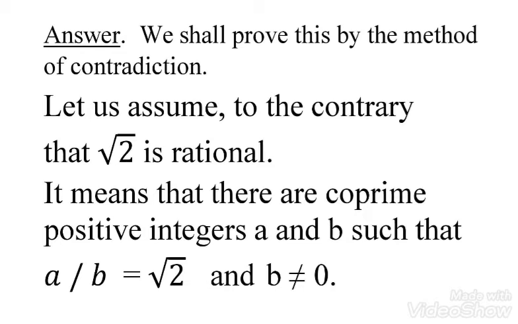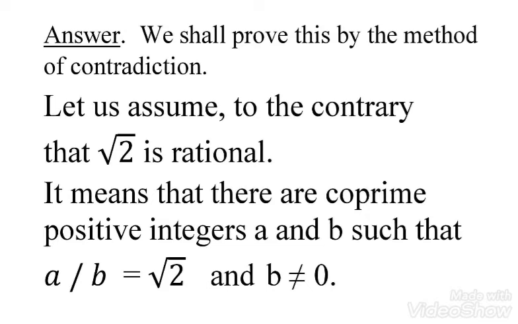Again understand it. We shall prove by the method of contradiction that under root 2 is irrational. Let us assume to the contrary that under root 2 is rational. Please write it in your notebook. And if under root 2 is rational, then it should be represented in the form of a upon b or p upon q.